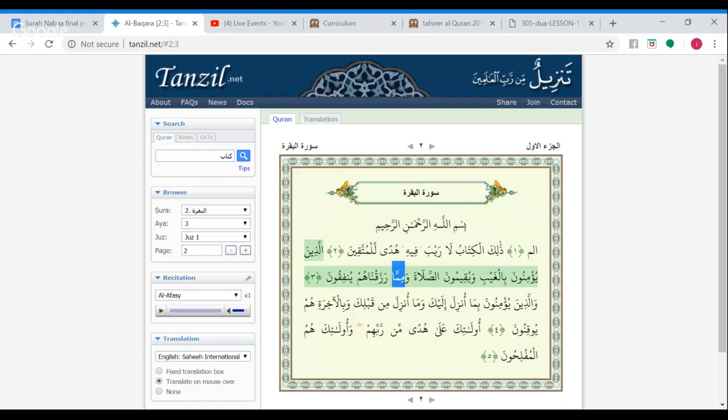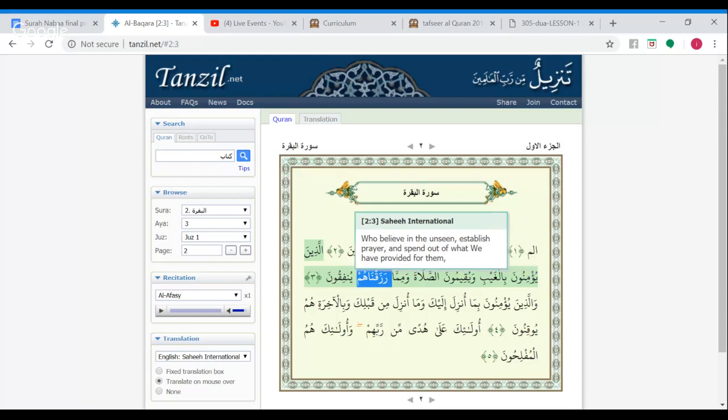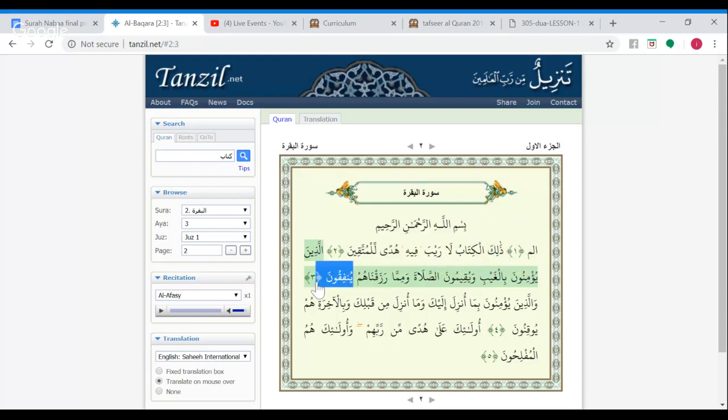Though it is not showing the kasra, there are some isim that cannot get kasra at all. So mimma, from whatever, razaqnahum, we have provided them. It is not isim, this is a verb. Yunfiqun, they spend, it is always a verb.